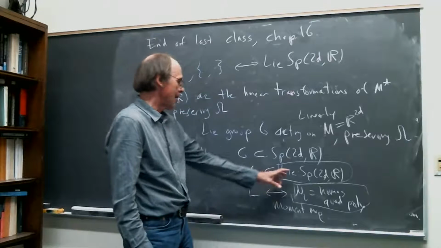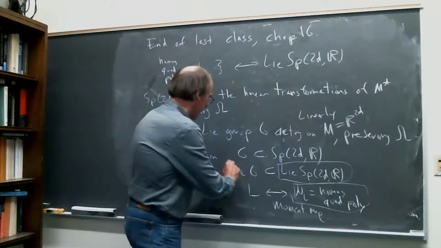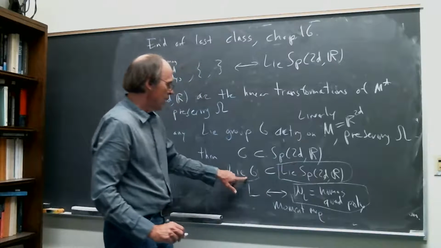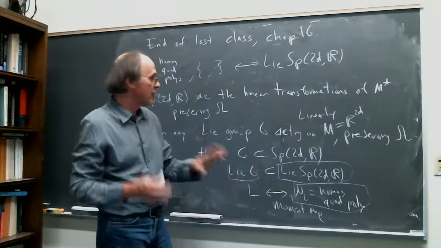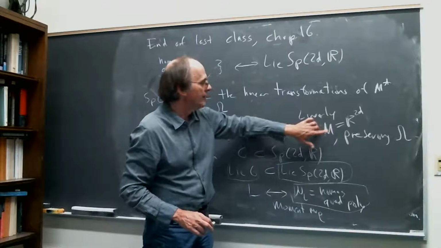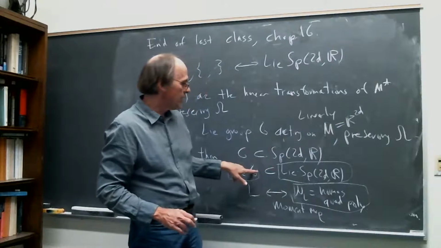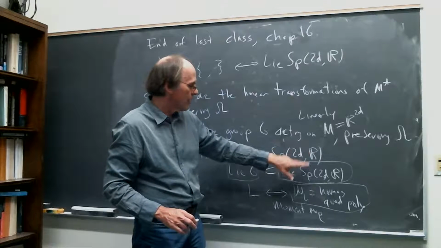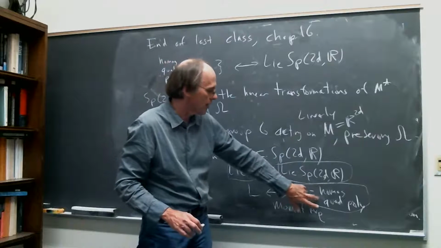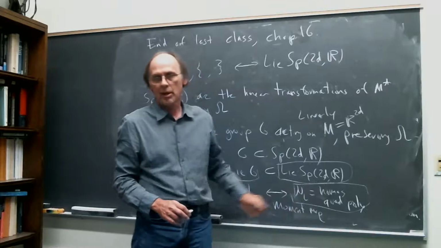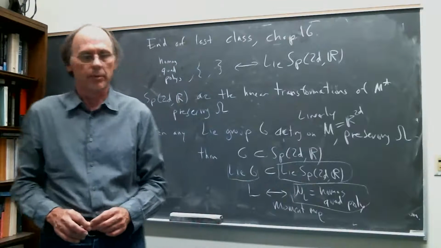So if you have some Lie group acting by matrices, you can figure out from those formulas what the mu sub L is going to be.